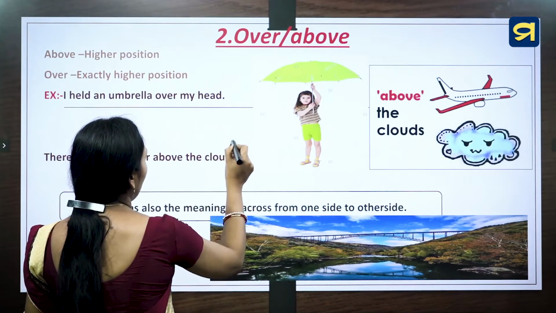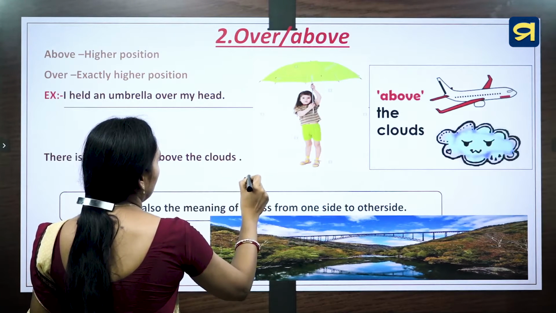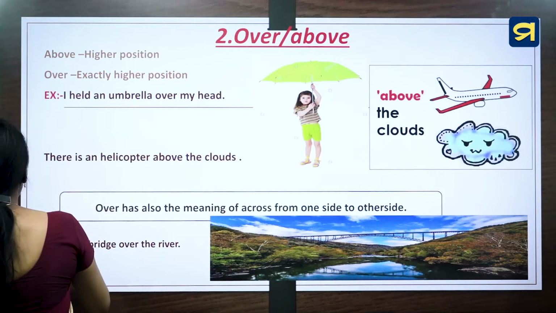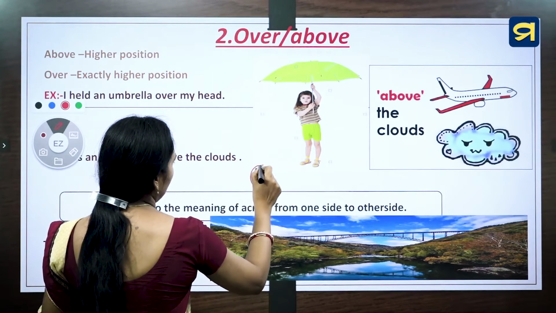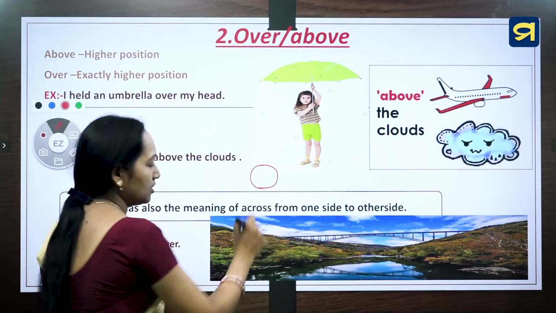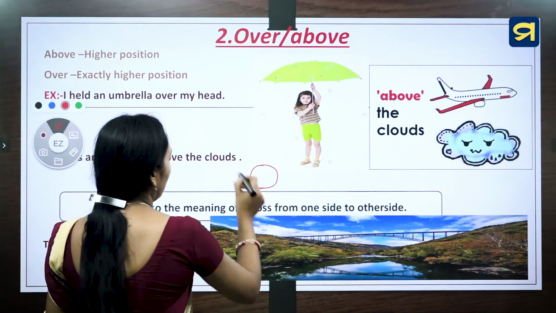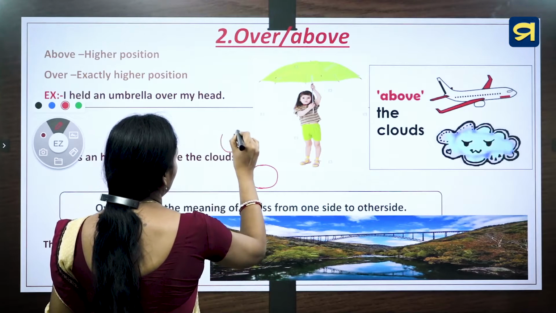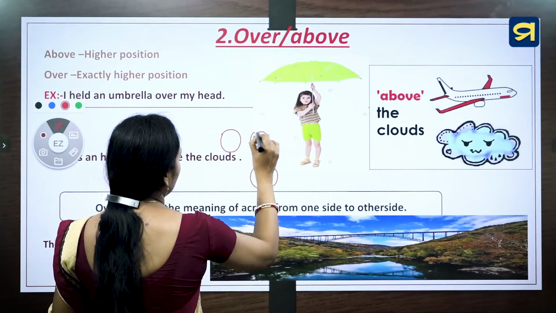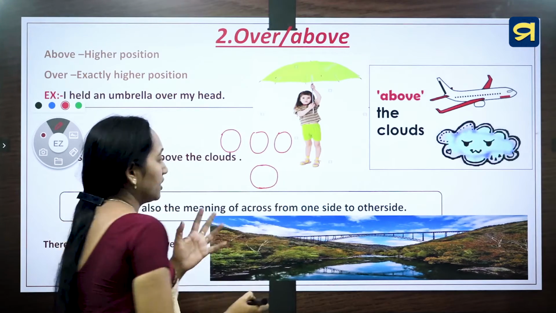Students, do you like balls? Suppose this is a ball. And above this ball, there are three balls.